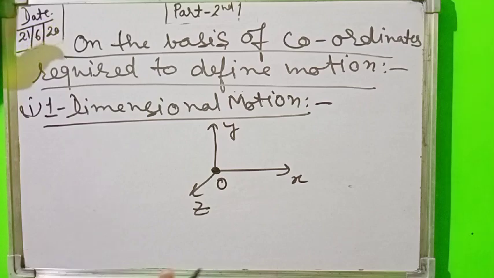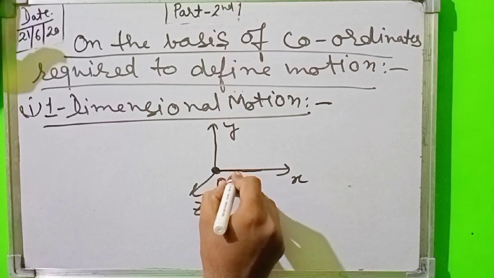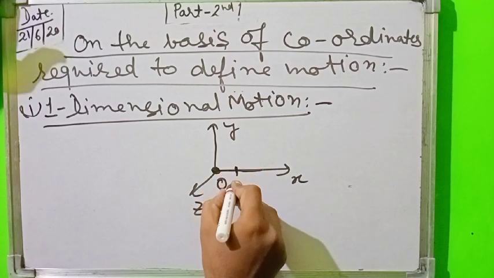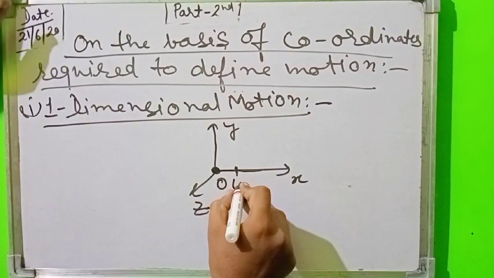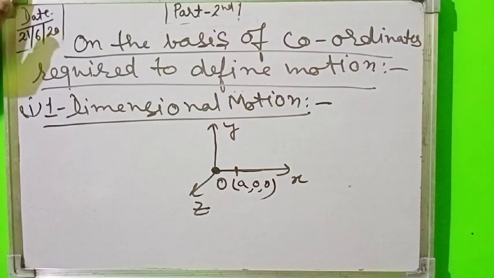And any object is moving only along this axis, means at any time t, the position of the object can be specified as a, 0, 0.